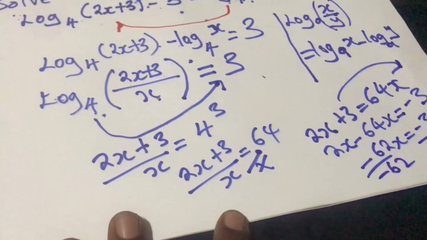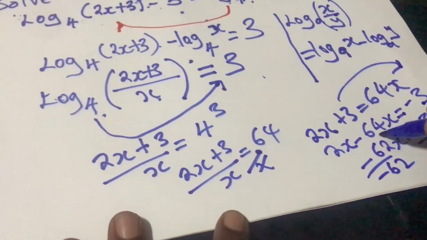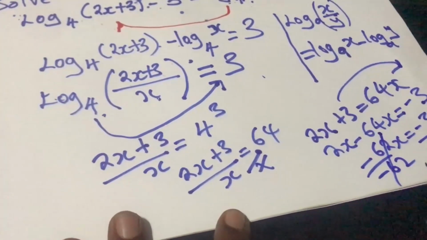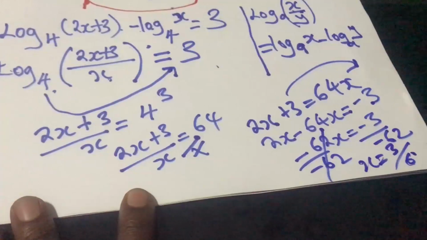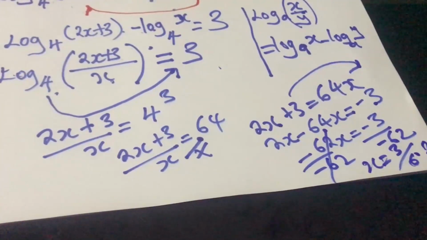You cancel the negatives, so your x will be positive 3 over 62. My paper is small, so I was just trying to solve everything on the paper. I hope you have gotten what I have explained. If you are not clear, feel free to ask.